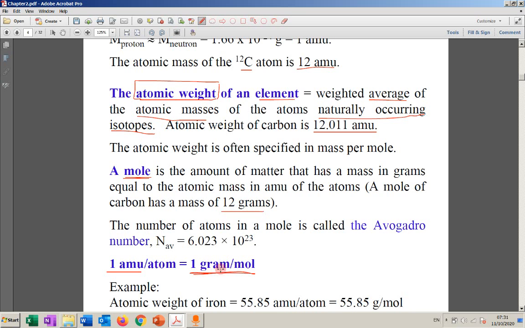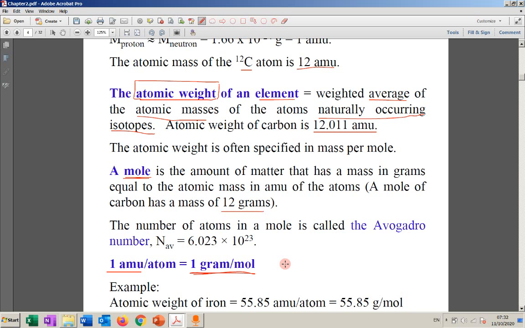Since carbon has 12 atomic mass units, this will be 12 grams in 1 mole. What does this mean? It gives us an idea of how many grams of carbon equal 1 mole. Because in chemistry we use moles, for example, 1 mole of hydrogen or 1 mole of carbon, 2 moles of this one.